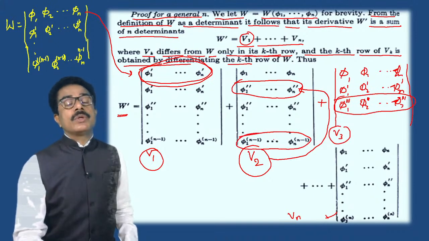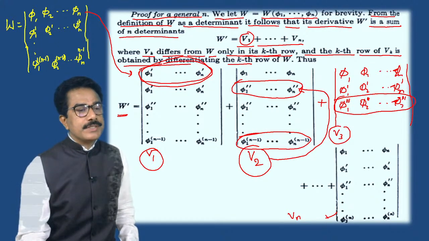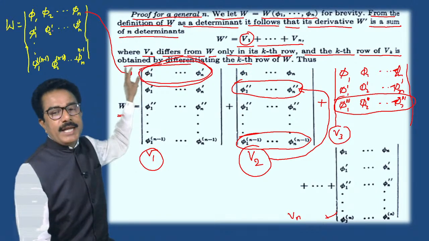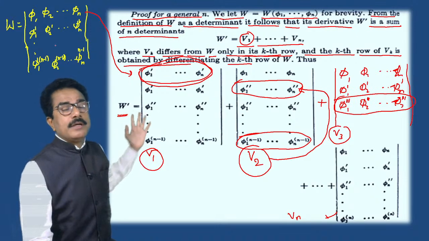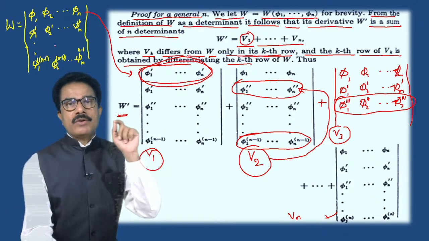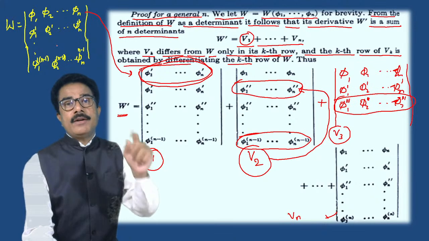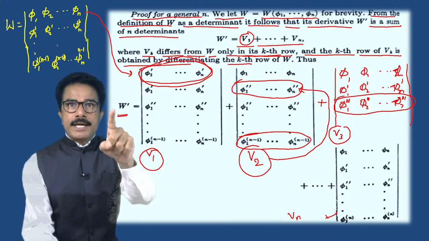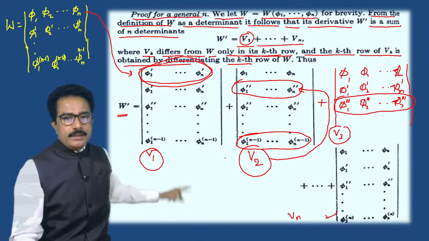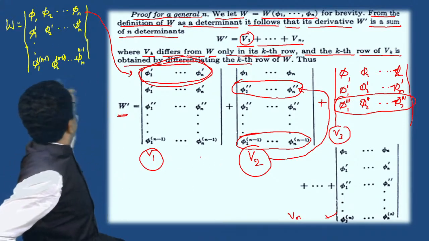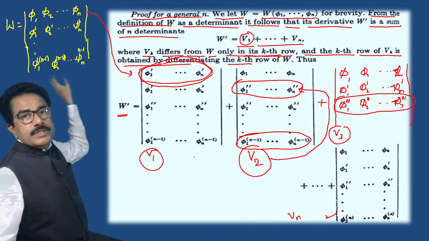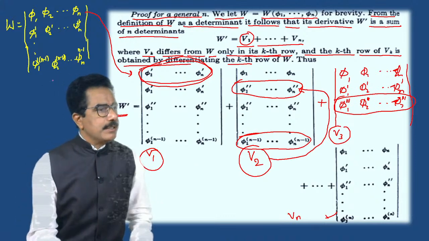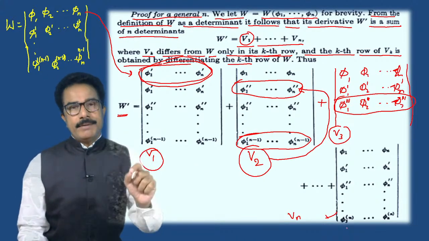This is the nth row, because there are n rows and n columns. You know that the Wronskian of phi 1, phi 2, dot dot dot phi n of x is a determinant of order n. It has n rows and n columns. Therefore the last row is the nth row. So Vn can be obtained by its nth row's derivative.